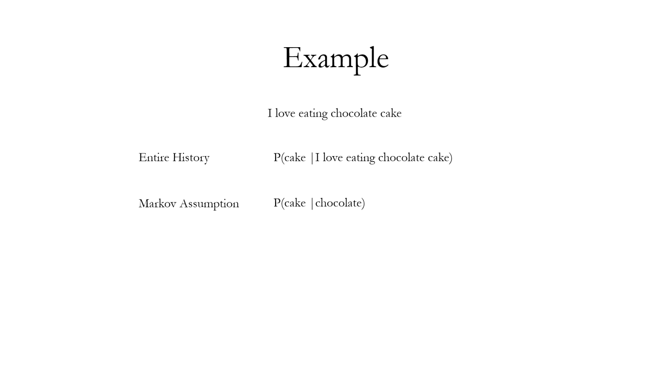If you're thinking about cake and chocolate, the I love eating might be redundant, because of course everybody loves eating chocolate cake, right? So that's what I'm trying to get at. The Markov assumption states that the probability of a word only depends on the previous word, like I mentioned.